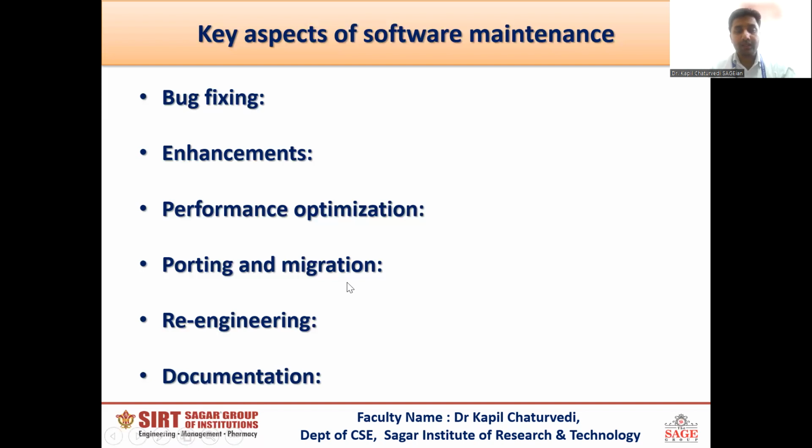Porting and migration will be done whenever a new technology arrives on the front end or the back end. The client often asks to modify, upgrade, or port their system to a newly arrived version or technology. That process is known as porting and migration.